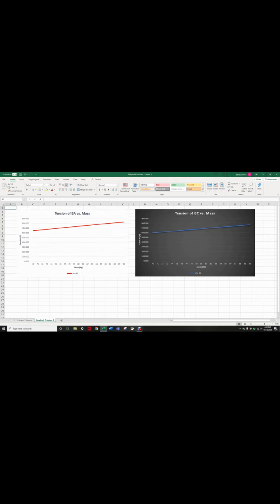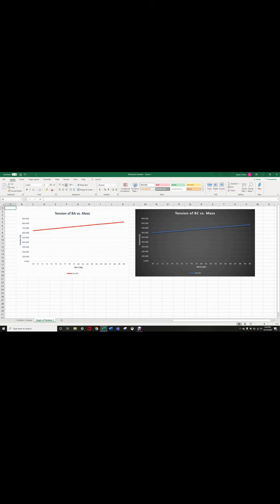At this point, it's time to double check our work and make sure our calculations and methods are correct. We can do this by graphing our data generated by Excel and comparing the results to our handwritten calculations. First, we'll take a look at our graphs. I've already plotted the data generated in our spreadsheet.